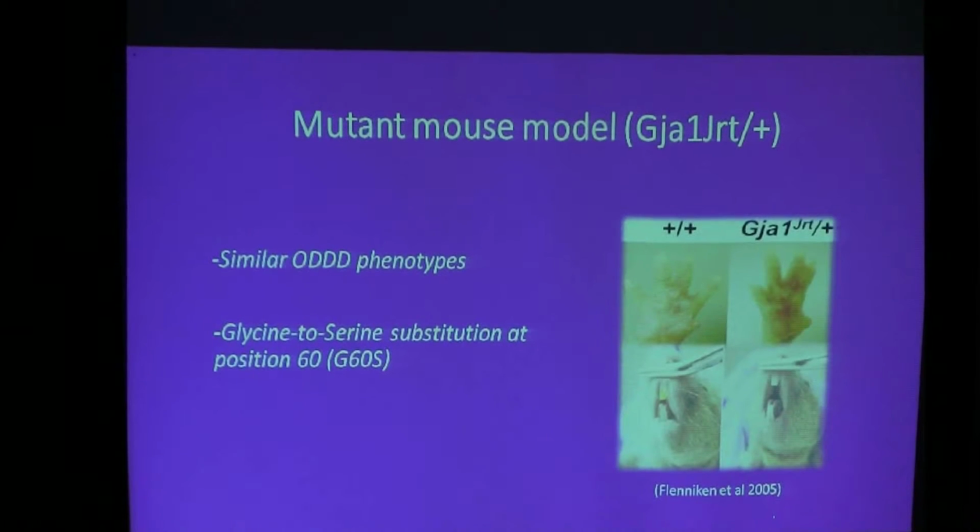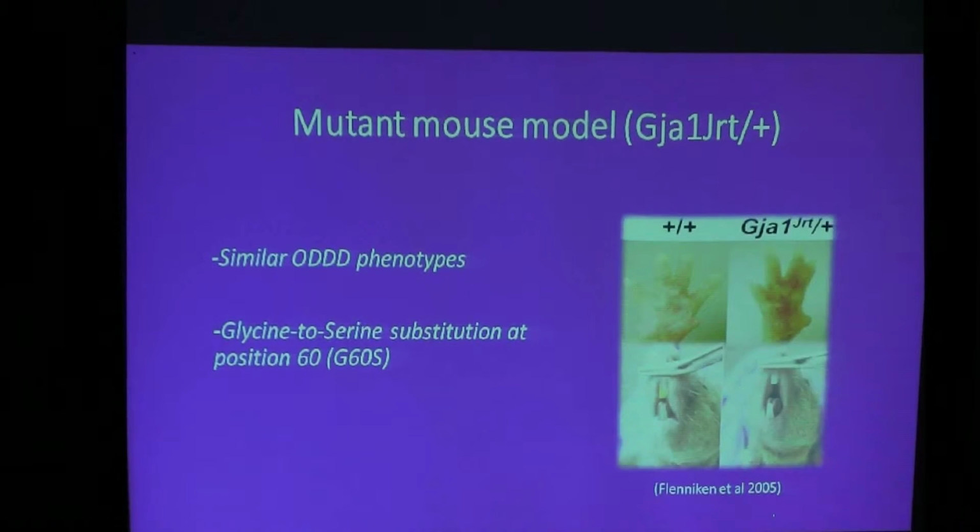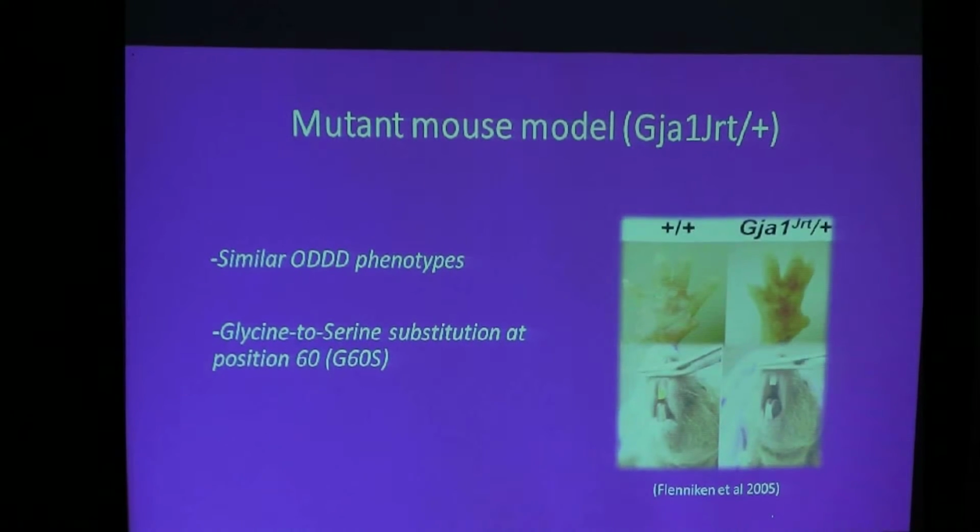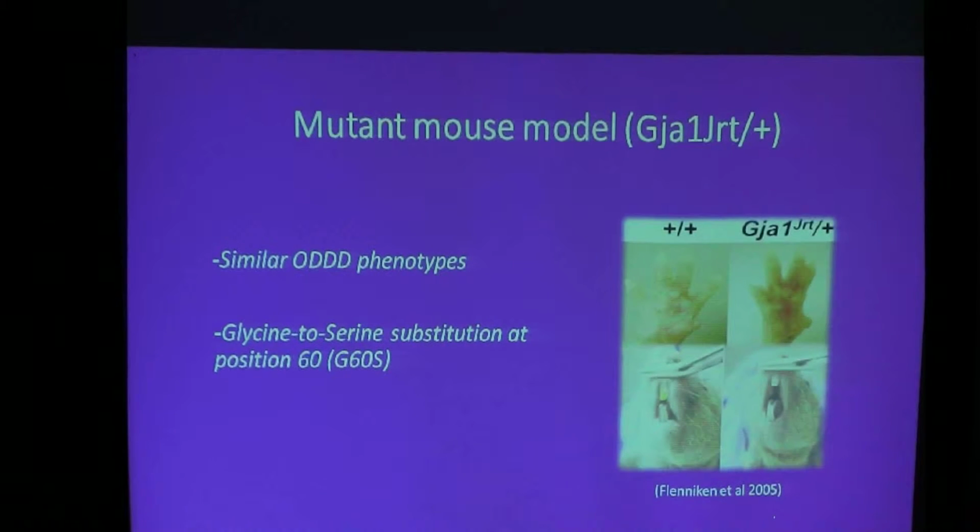My colleagues and I in the Western University Biology Department started research to identify the progression of retinal degeneration in ODDD. For this purpose, we used a mutant mouse model of this disease with similar ODDD phenotypes and a glycine to serine substitution mutation at position 60.